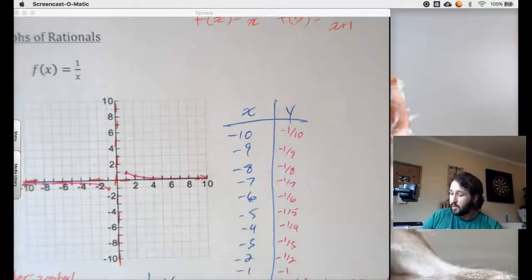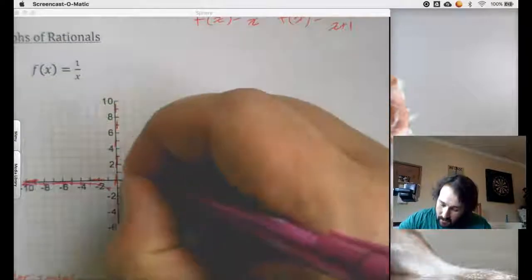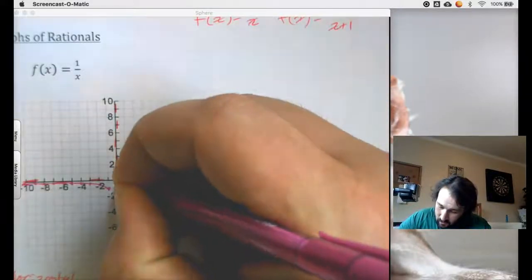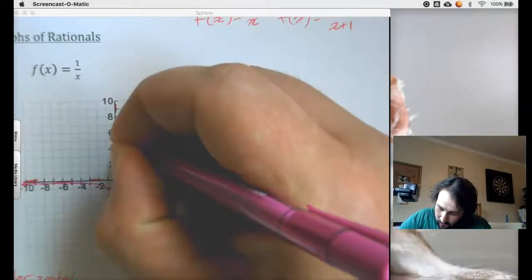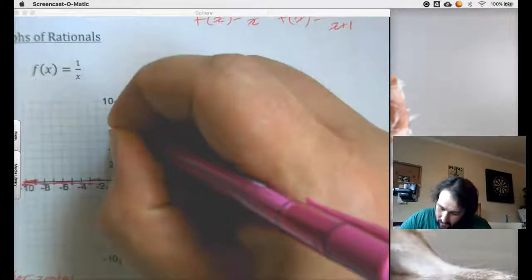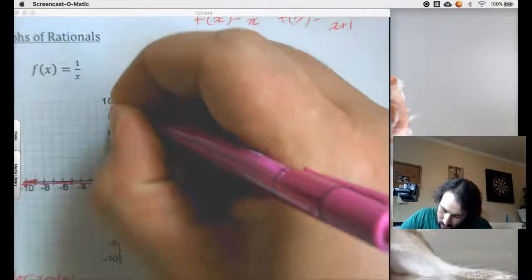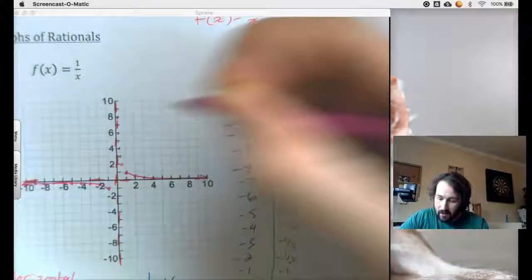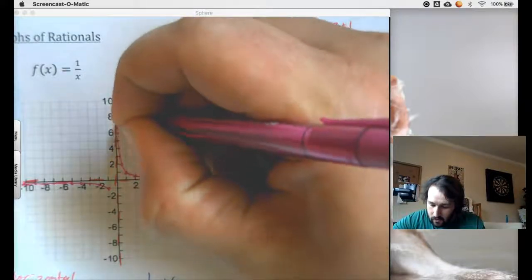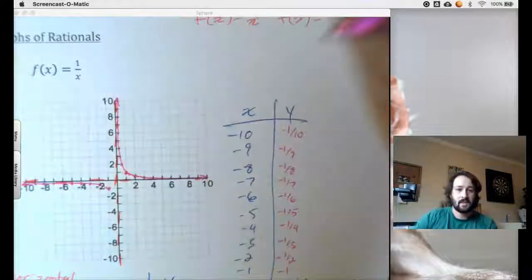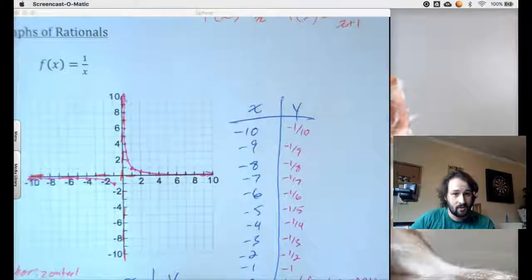So the other part of our graph here is 1/2, 2, 1/3, 3, 1/4, 4, 1/5, 5, 1/6, 6, 1/7, 7, 1/8, 8, 1/9, 9, 1/10, 10. So it is getting really close to x equals 0, but it doesn't ever actually touch it.